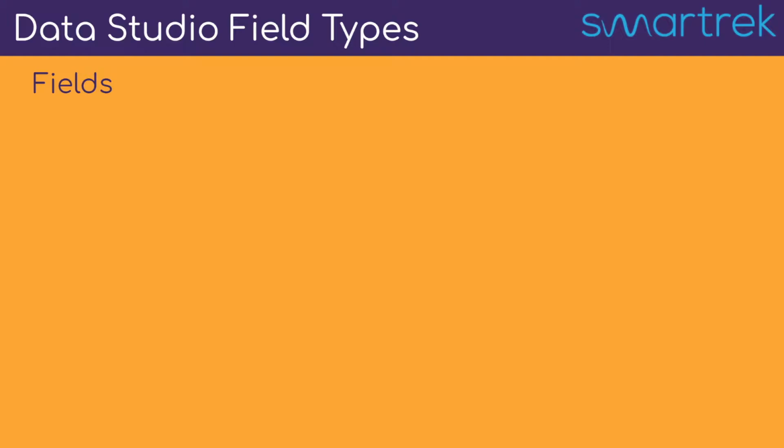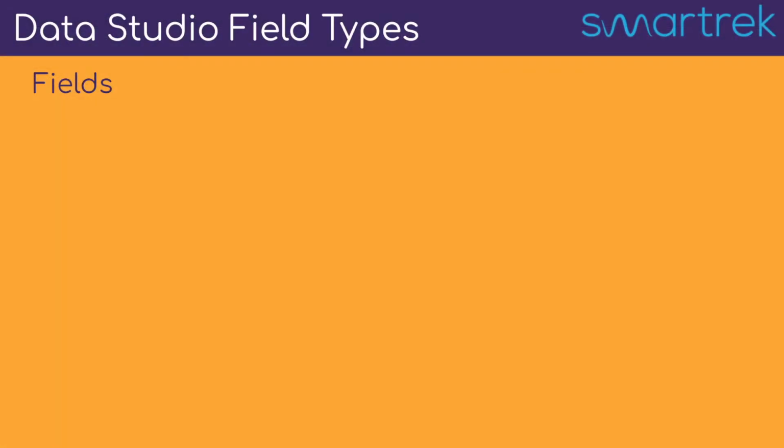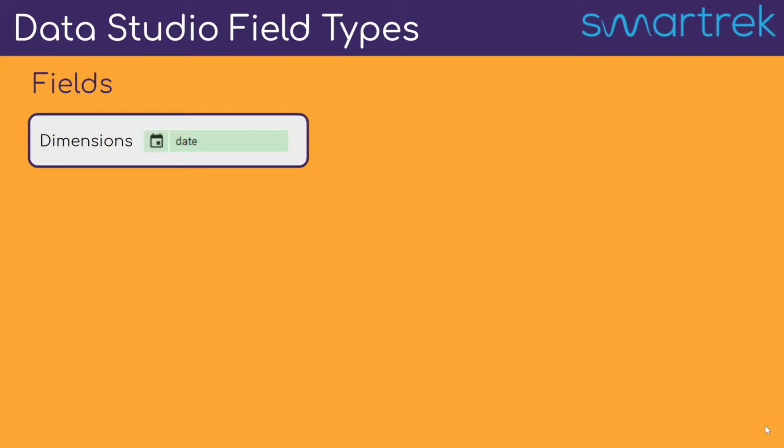As we've seen before, when you connect to your data in Data Studio, you're presented with a list of fields along with their default properties as shown here. So you have various data types. You have dimensions that appear as green fields.